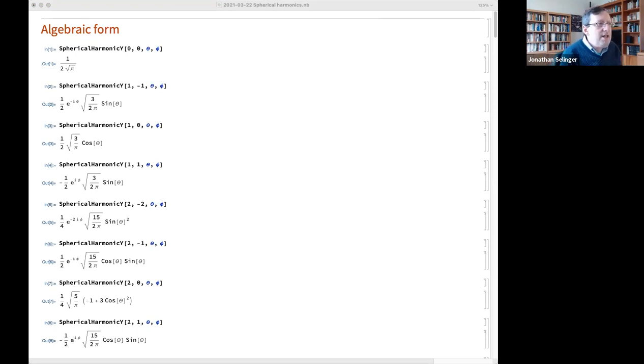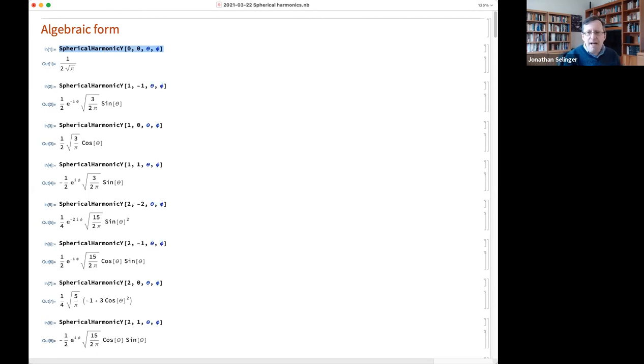So here is a Mathematica file that lists a whole bunch of spherical harmonics, just so you know what they look like. Right? So this is in the Mathematica notation. So it's not the standard notation that people write with a paper and pencil, right? With a paper and pencil, people write the Y sub L superscript m of theta and phi.